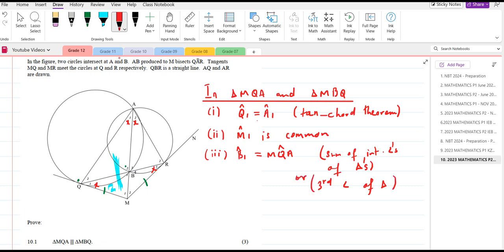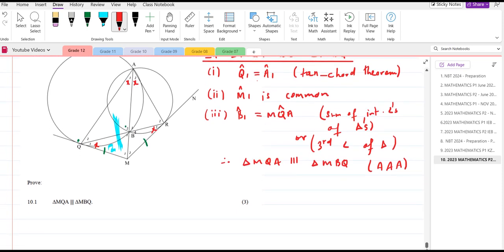So what we have now is, therefore, triangle MQA is now similar to triangle MBQ, right? And the reason is angle, angle, angle. Next one.